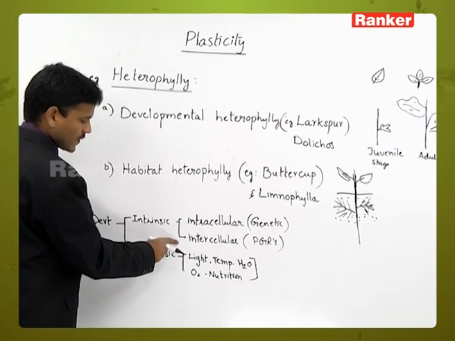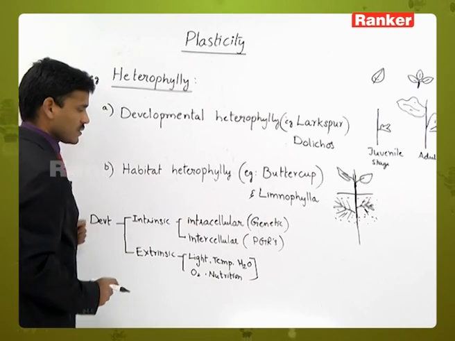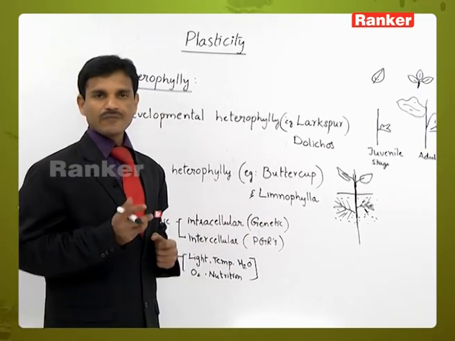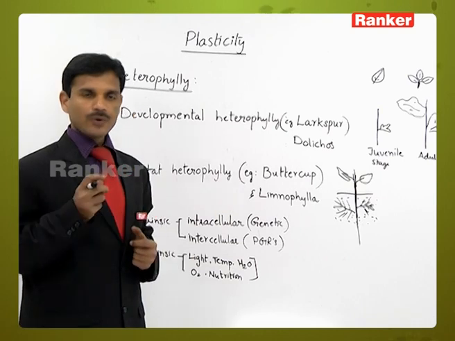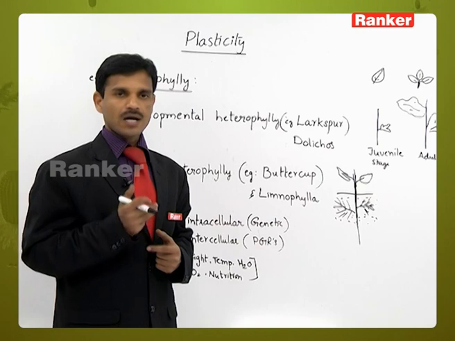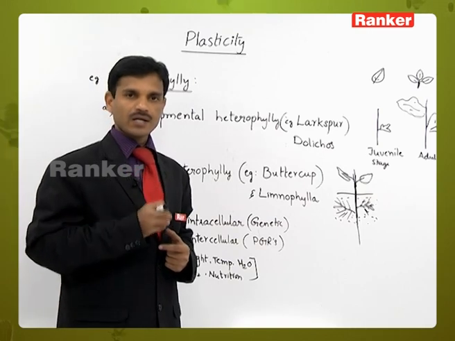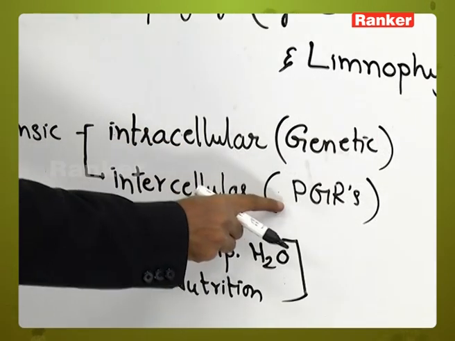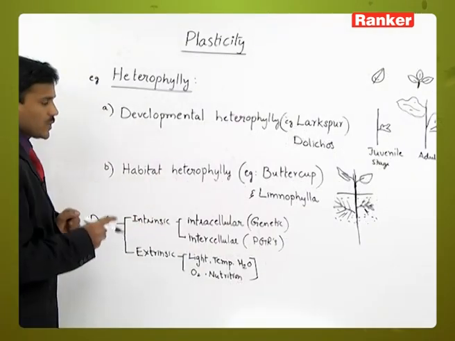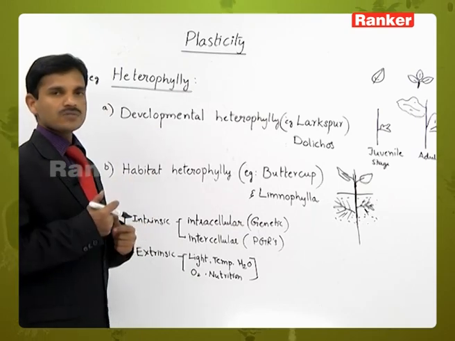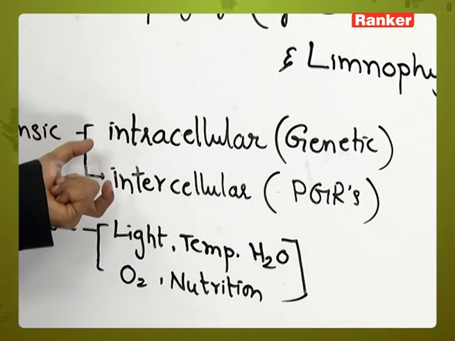And one more intrinsic factor is intercellular. The intercellular factor is plant growth regulators, the phytohormones. Phytohormones are produced in one place and transported to different parts or organs, showing their effect on those parts. Plant growth regulators are transported from one cell to another cell or one part to another part, so they are intercellular.